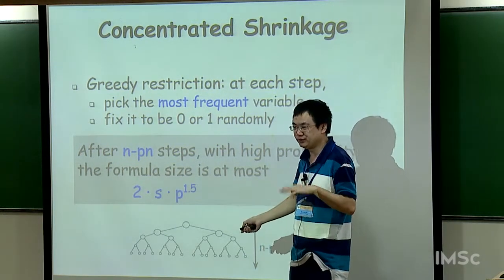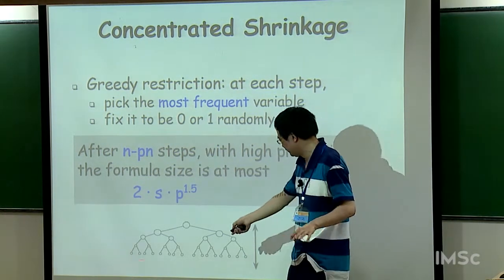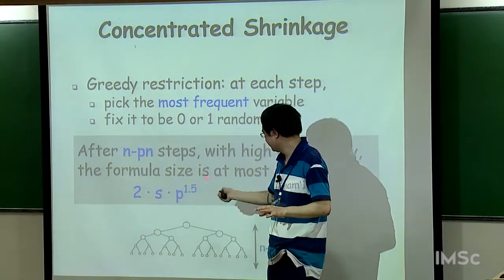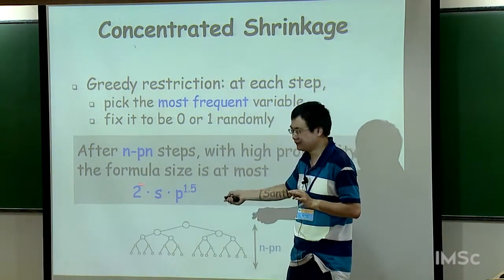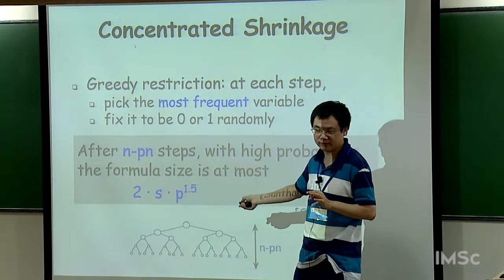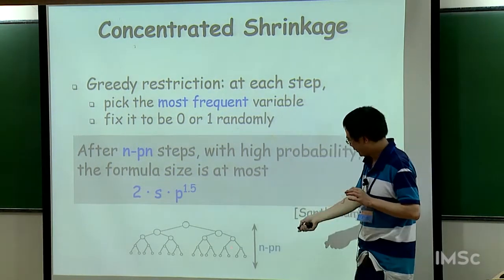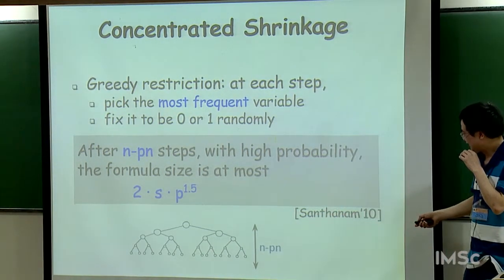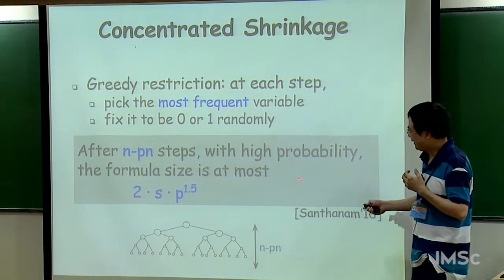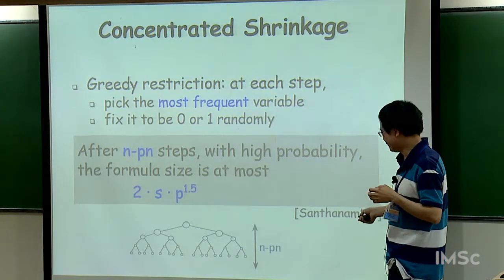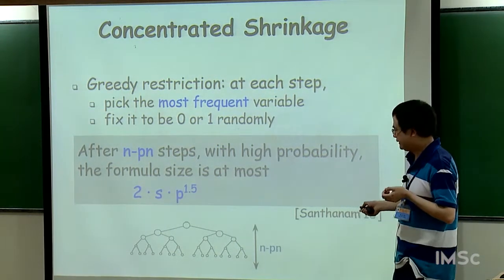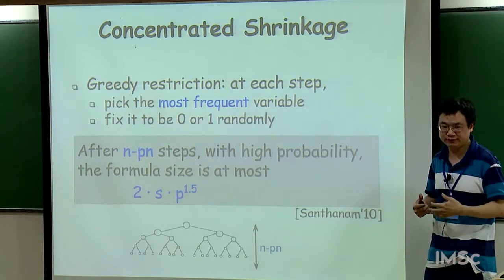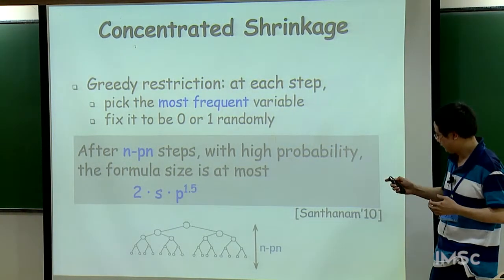If you think of the restricted formulas at the bottom of this decision tree, most of them are going to have very small size, bounded by this upper bound, and very few of them will have larger size. This kind of property was shown by Ruiwen, and he used this result to give a satisfiability algorithm for Boolean formulas, as we will see soon.